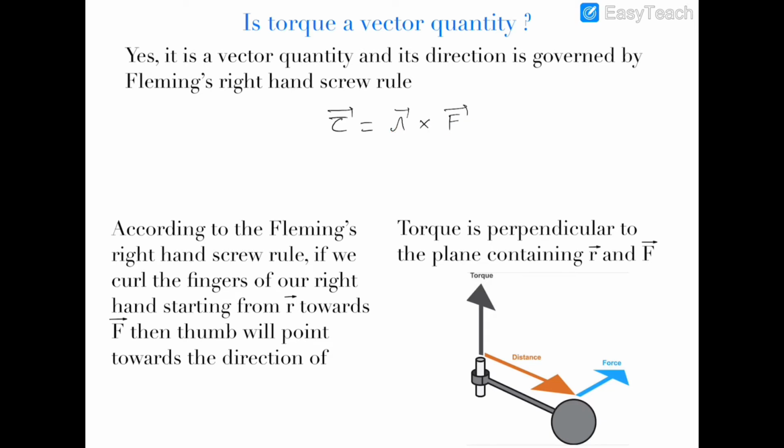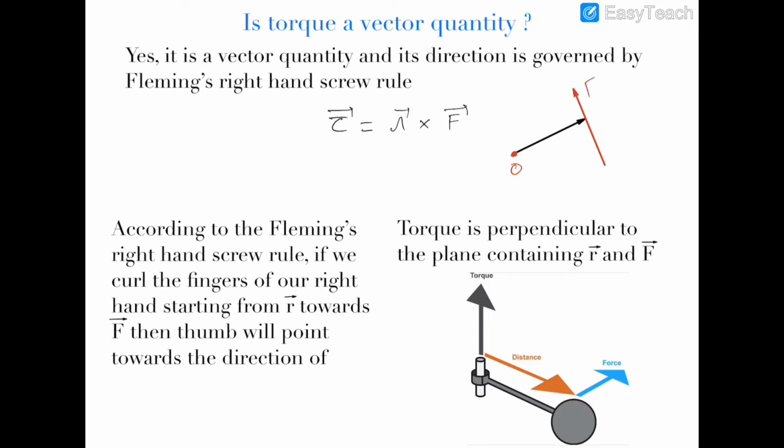Now let me tell you the direction of this torque with an example. Let's suppose there is a point O and a force F is being applied at this point like that.